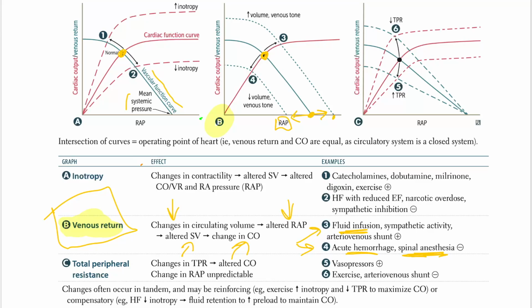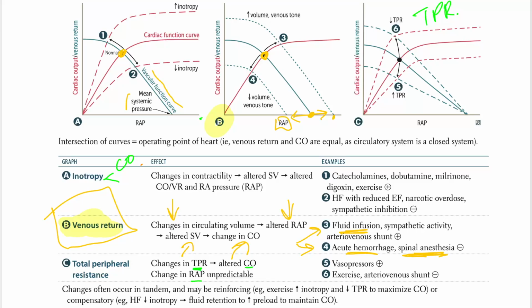Okay, now the last one is all about your total peripheral resistance, TPR. Let's change color first. So let's look at TPR. TPR is your total peripheral resistance. A change in total peripheral resistance will again alter the cardiac output and change the RAP. So first we were just looking at how inotropy, which is your contractility, would only change cardiac output.